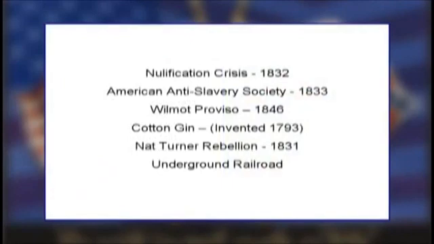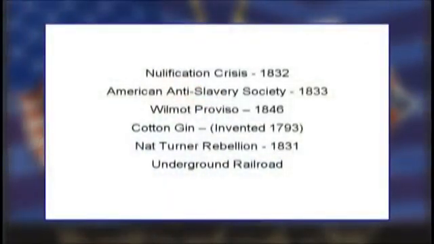The Wilmot Proviso in 1846 was a law that banned slavery in any of the territories that had been acquired from Mexico. It was a law, or it was a crisis. It didn't pass. It didn't get fully implemented.